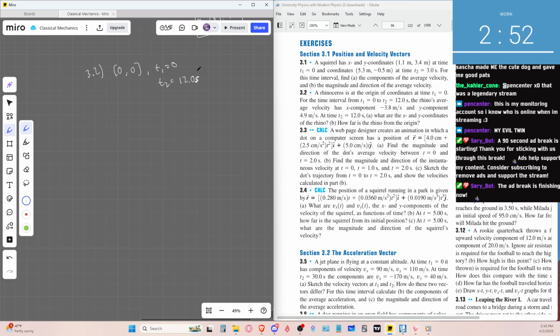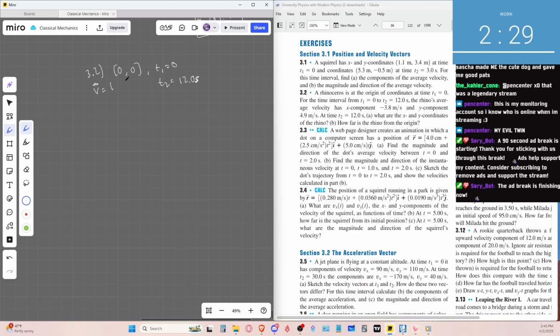The rhino's average velocity at the x component and the y. Okay, so the velocity vector at time. Okay, so we have the velocity vector here.